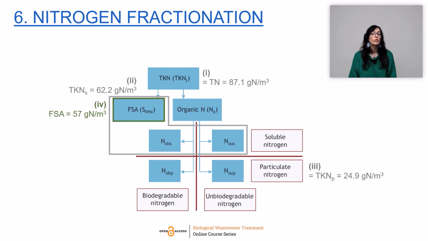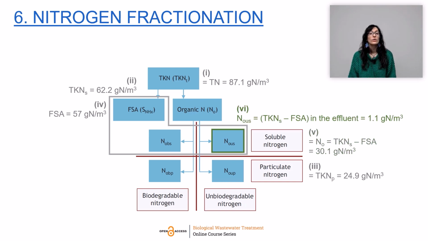We also know from the example what is the concentration of the free saline ammonia or ammonium concentration. And then with this information, we can calculate the soluble organic nitrogen as the difference between the soluble TKN and the ammonium concentration.